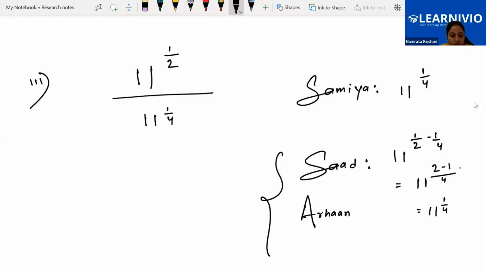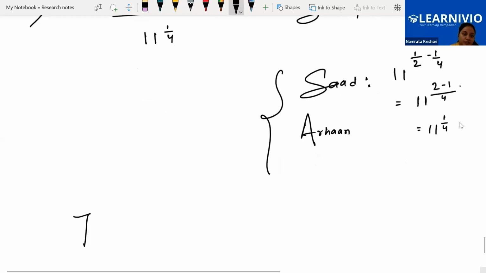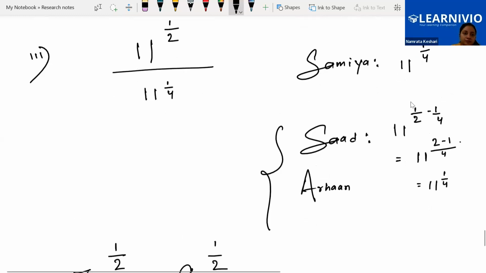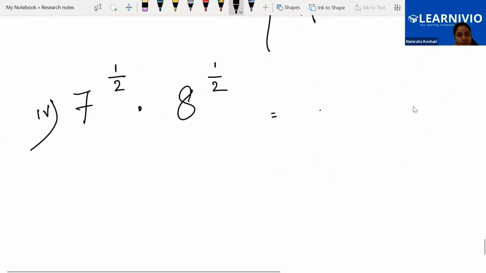Next one. 7 raised to the power 1 by 2 into 8 raised to the power 1 by 2. It will be, Samia, Shad and Arhan. Math will be 7 into 8 whole raised to the power 1 by 2.